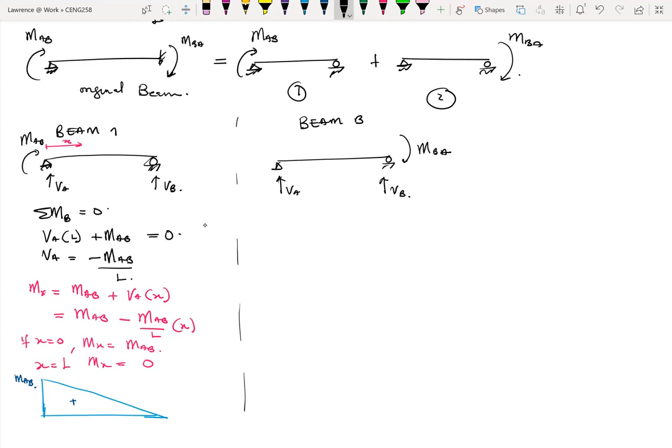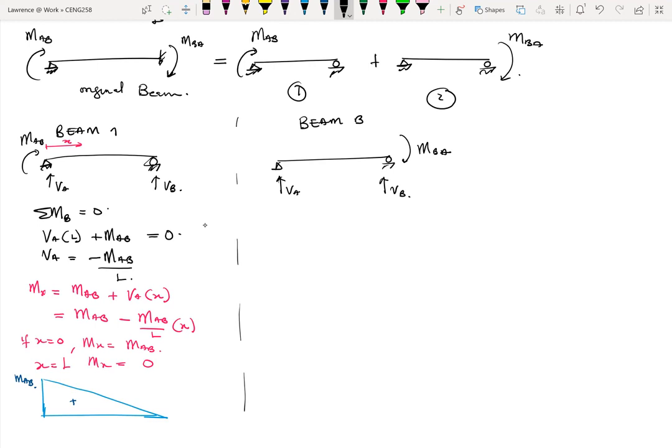This is simple, basic structures that we are trying to use over here. You have a simply supported beam with a point moment at the end. So you find your reactions VA and VB. All right, in this case, I only solve for VA because I only needed to find only one of the reactions.